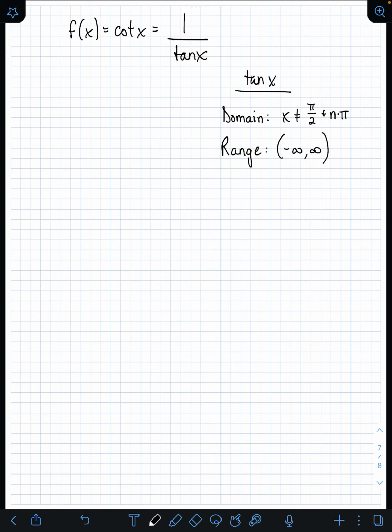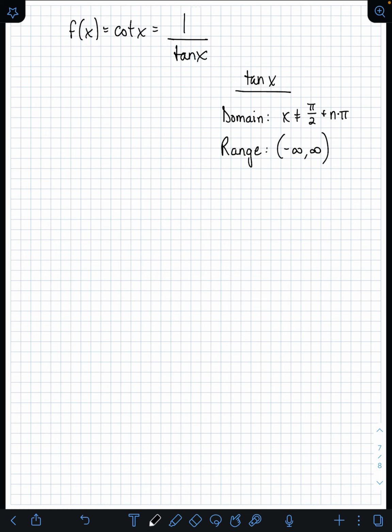Now, that includes, again, every number in existence, which means if every number's out there, their reciprocals are also out there, and that's everything.